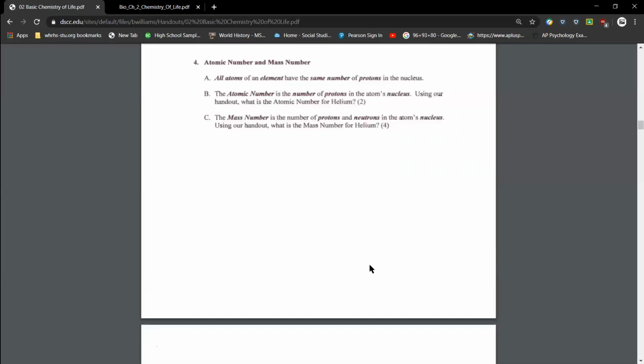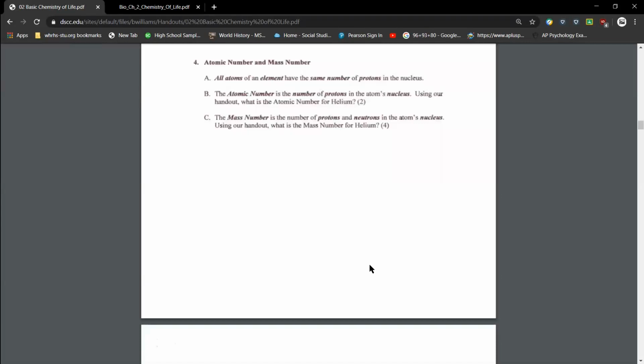The atomic number of an atom is the number of protons in the atom's nucleus. If you change the number of protons in the atom's nucleus, you change what that atom is. The mass number is the number of protons and neutrons in the atom's nucleus. The atomic number is just the protons, and the mass number is the number of protons and neutrons.